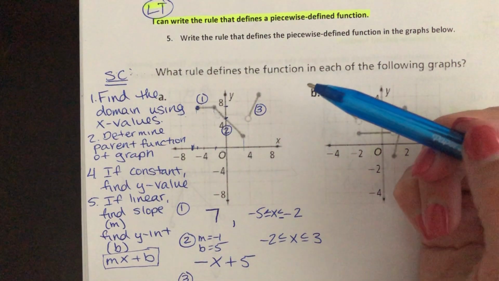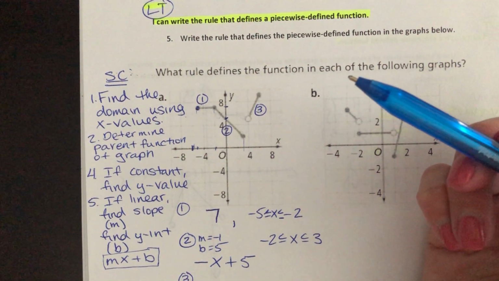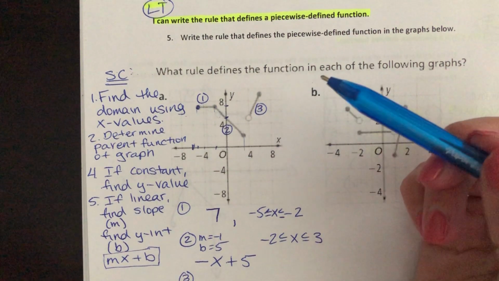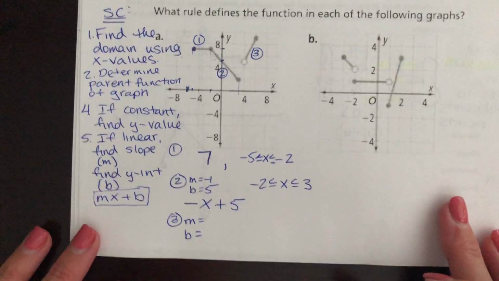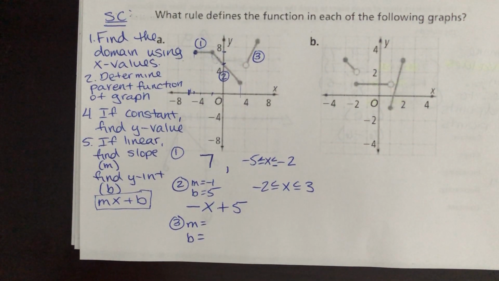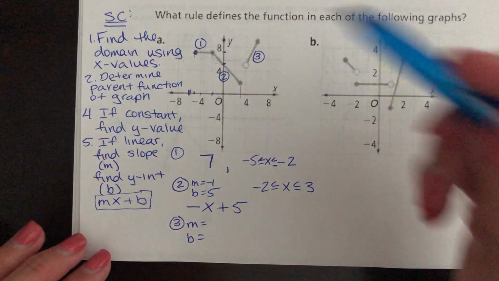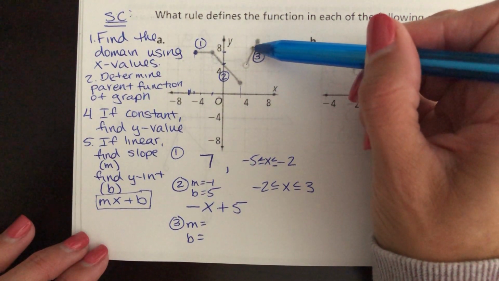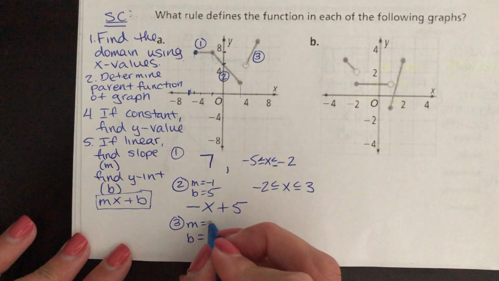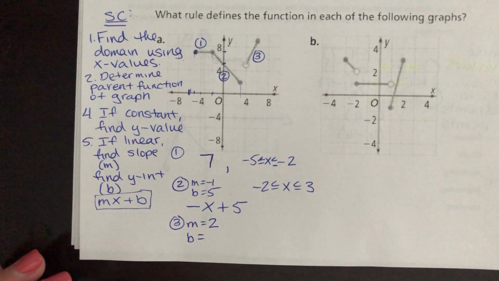Okay, number 3 is also linear. It's a straight line. So when I have a linear, I need to find my slope and my y-intercept, my m and my b. So the slope here is up 2 over 1, up 2 over 1, so +2.